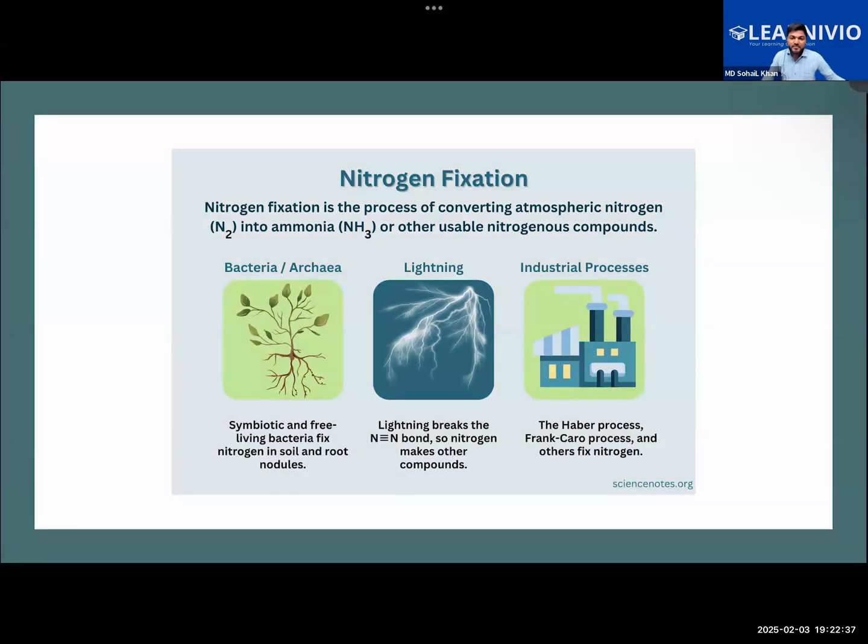Now, as we know, plants require different types of nutrients. You guys tell me how many nutrients are required by the plants? Is it 17? Is it 27? Is it 30? How many essential nutrients are required by the plant to grow?